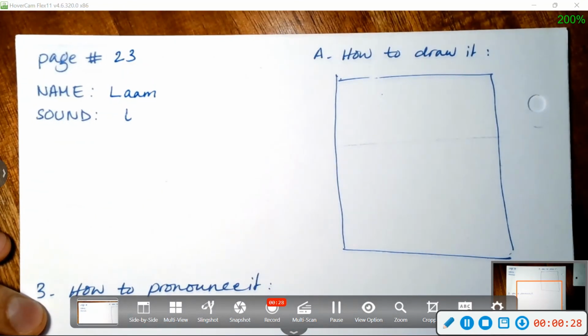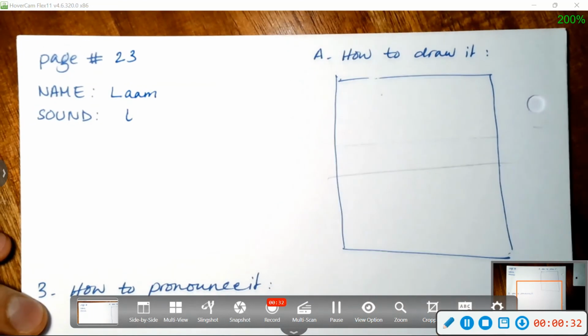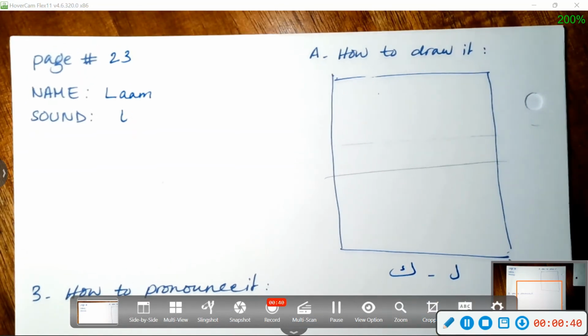And as we said, Laam and Kaaf somehow look alike, with the base or the tail longer with the Kaaf, and plus it has Hamza.